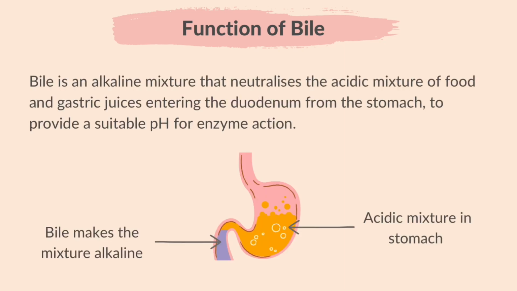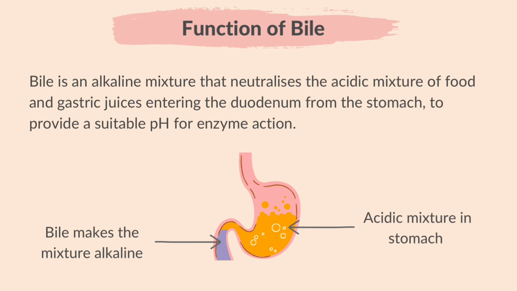Let's look at the function of bile in chemical digestion. We already came across the role of bile in physical digestion in the previous video, which is to emulsify fats. Bile is an alkaline mixture that neutralizes the acidic mixture of food and gastric juices entering the duodenum from the stomach to provide a suitable pH for enzyme action.